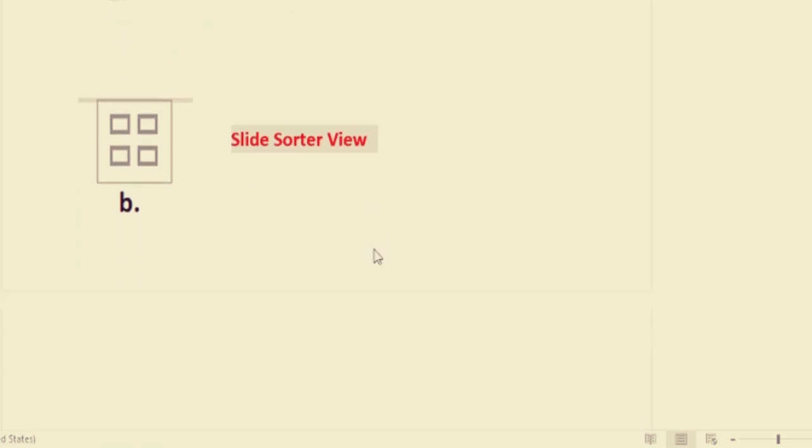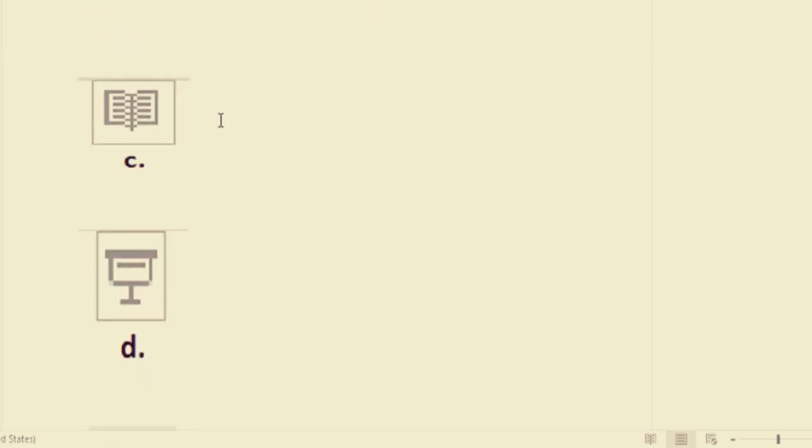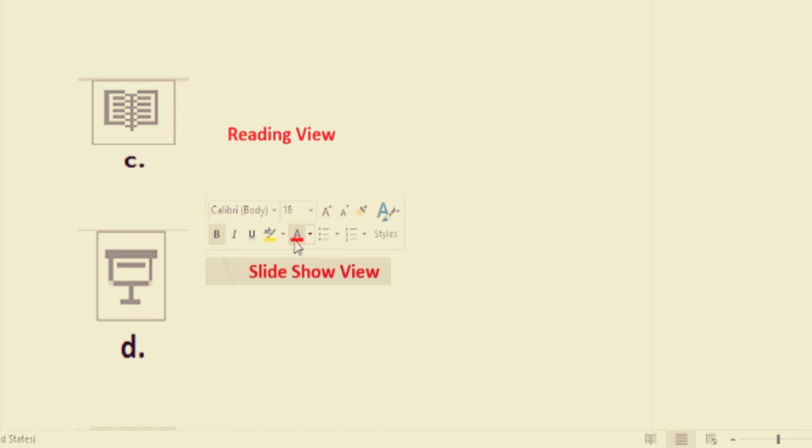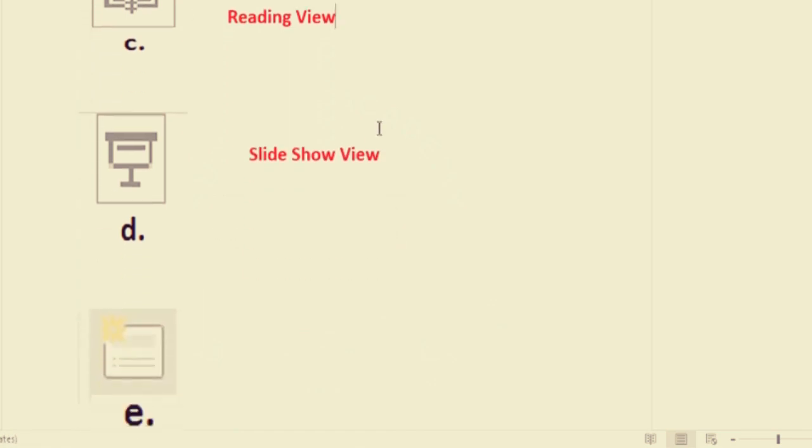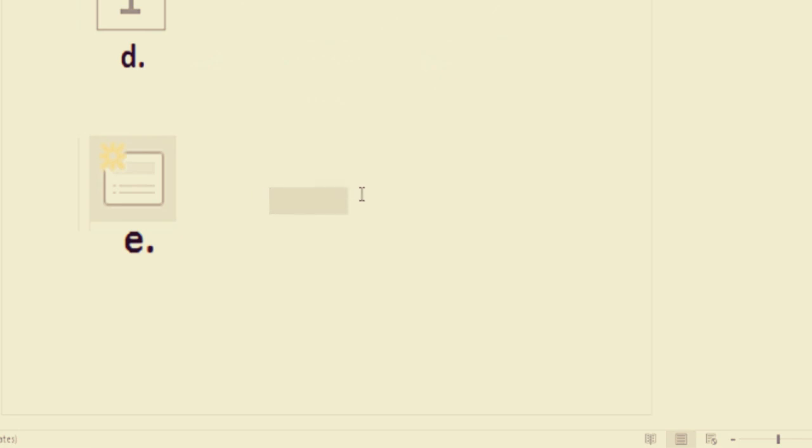It is the slide sorter view. And then after, which icon is this? Yes, reading view. And this is important for that. Who will tell? Yes, slide show view. And this is for, who will tell? Yes, it is for new slide.